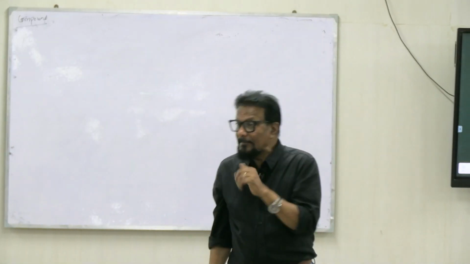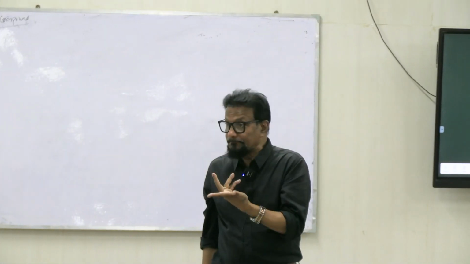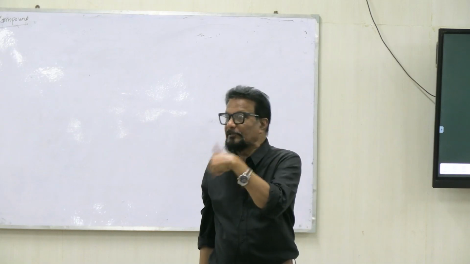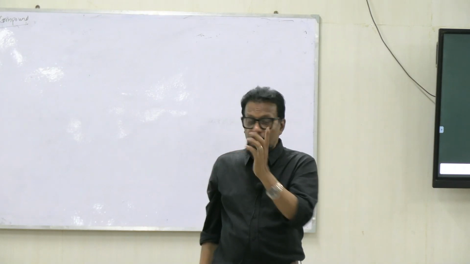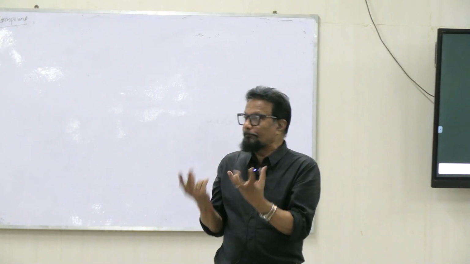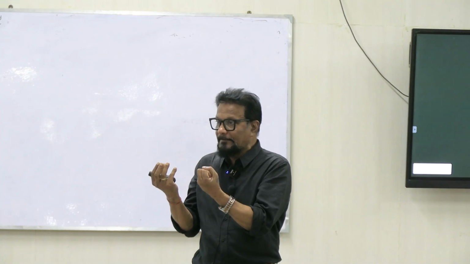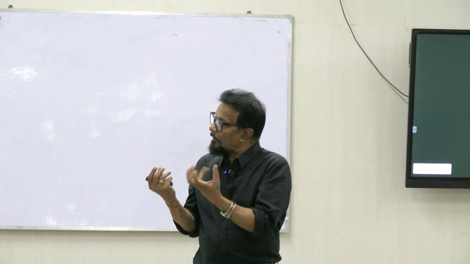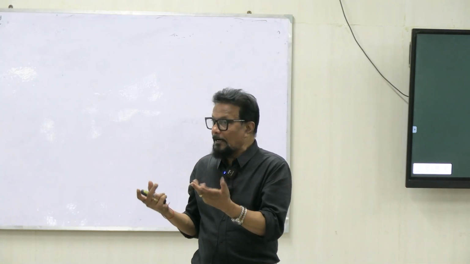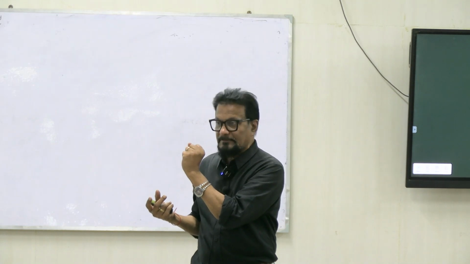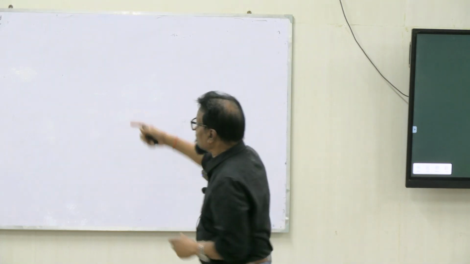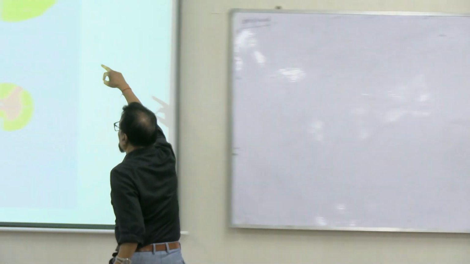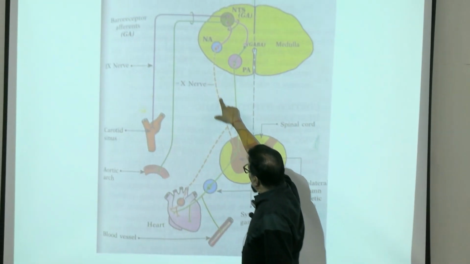What is this effect? It secretes acetylcholine. It is opposite to that of the sympathetic nerve. So, if sympathetic nerve endings produce adrenaline or noradrenaline, they will cause what? Increase in activity of the heart, constriction of the blood vessel. But if this is activated, what will happen?